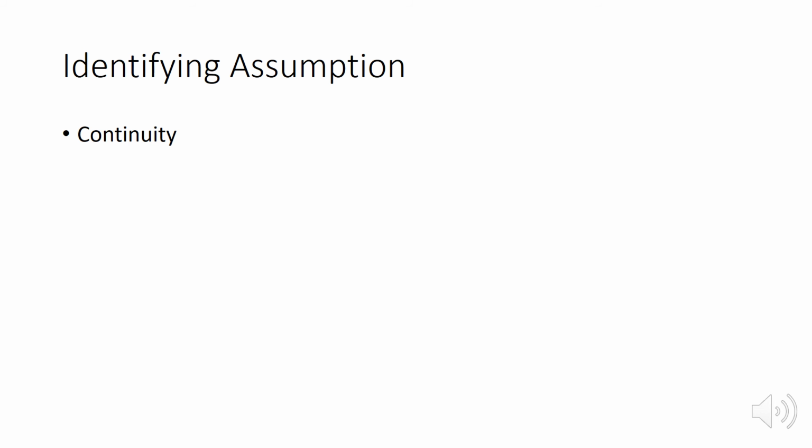The identifying assumption here, the thing that allows us to rule out alternative explanations, is this continuity assumption, which is kind of weird to say because we're talking about discontinuous jumps. But that's exactly why we have this continuity assumption, that in absence of the rule, in absence of the cutoff, the treated subjects look like the untreated subjects.